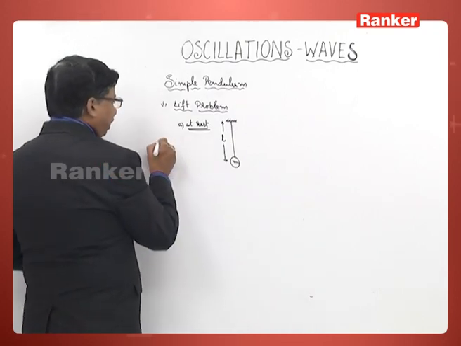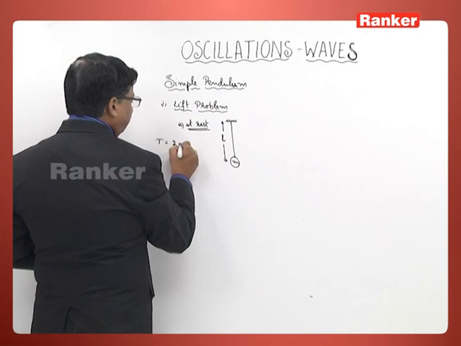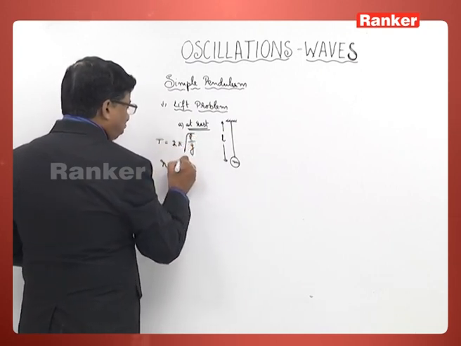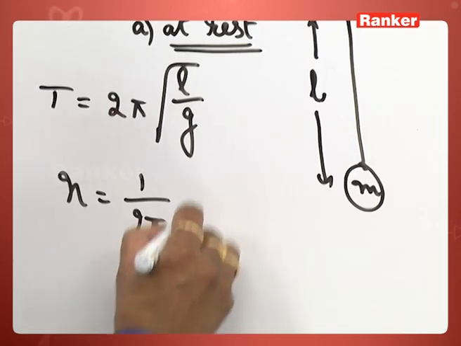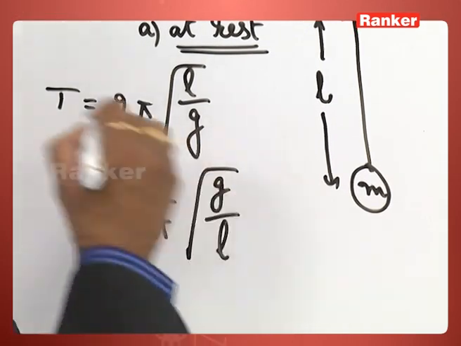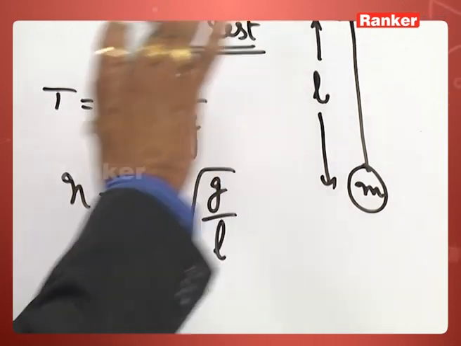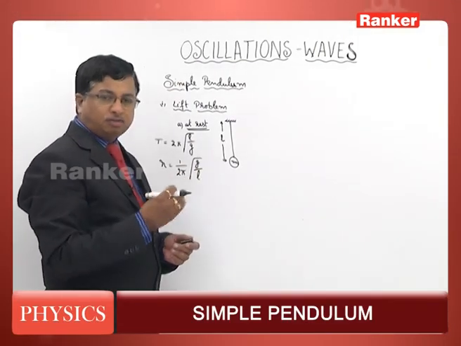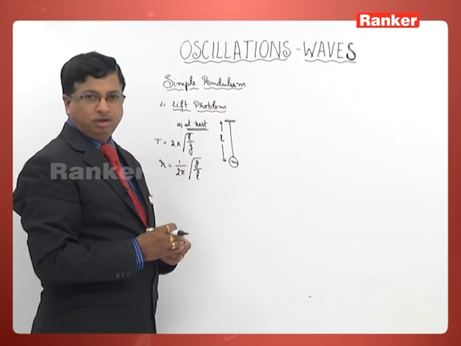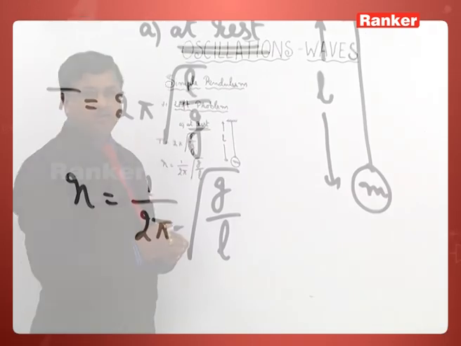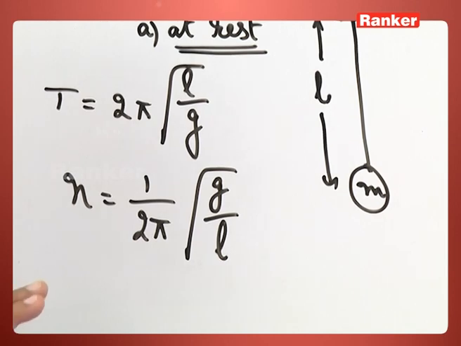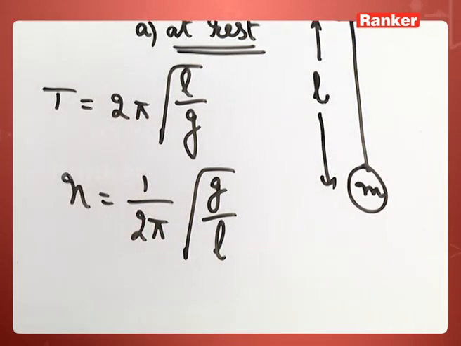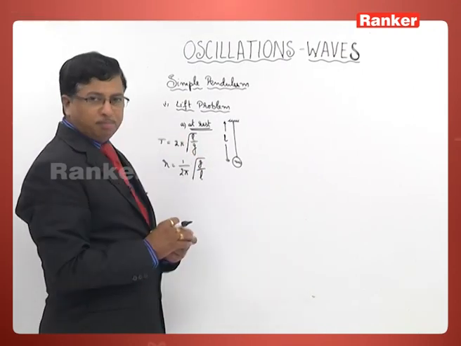Therefore, we can write directly T is equal to 2 pi under root L by g and n is equal to 1 by 2 pi under root g by L. So, as long as the lift is at rest and the pendulum is oscillating suspended from its roof simple harmonically, there will never be any change either in the frequency or in its time period. Everything will be normal.